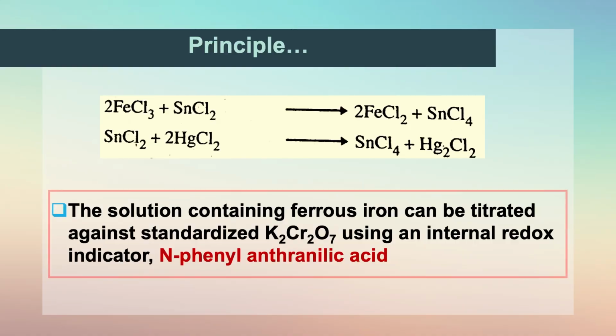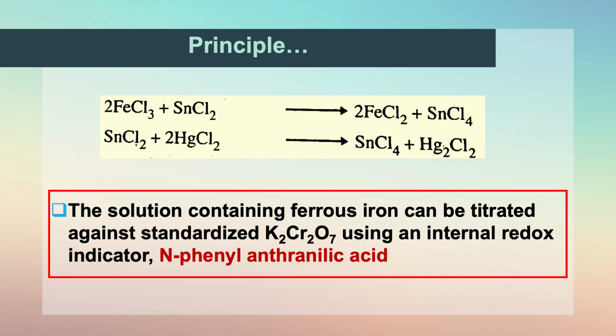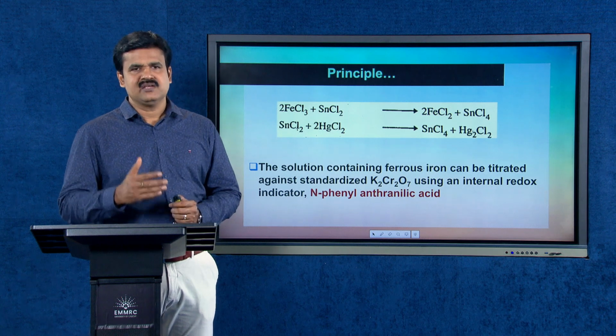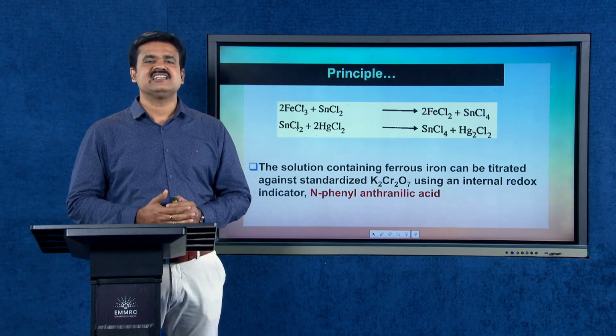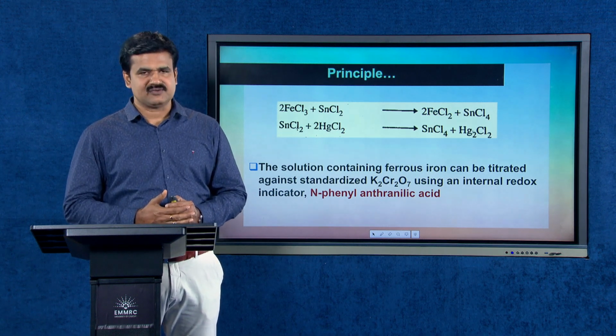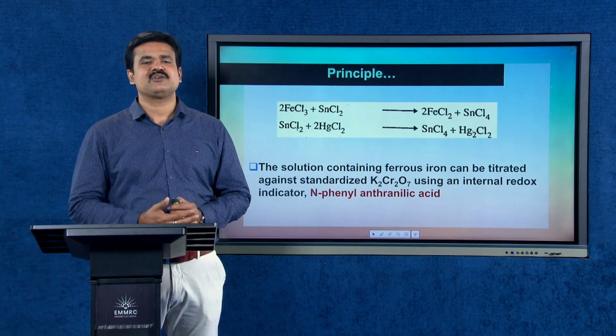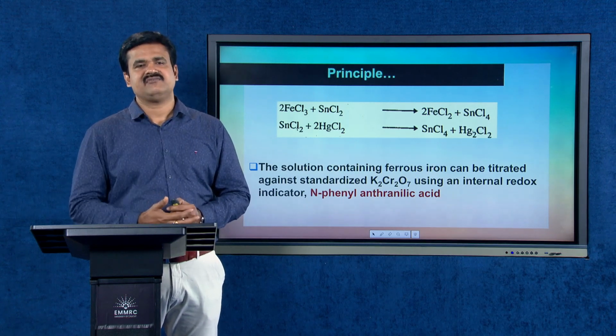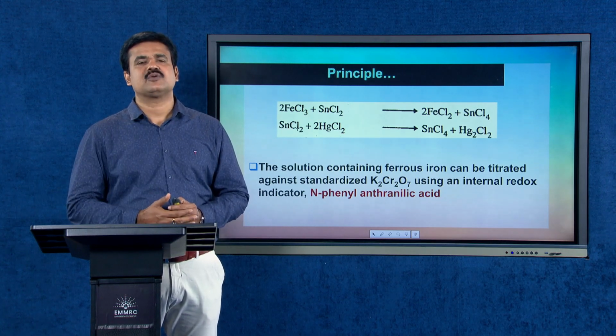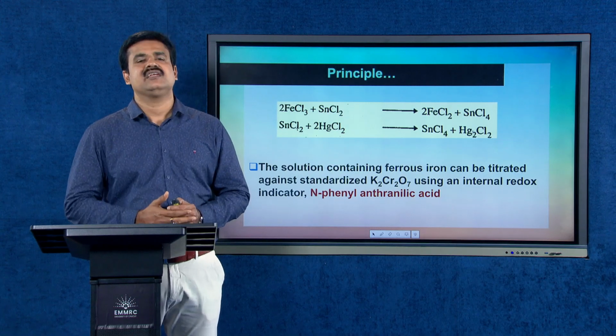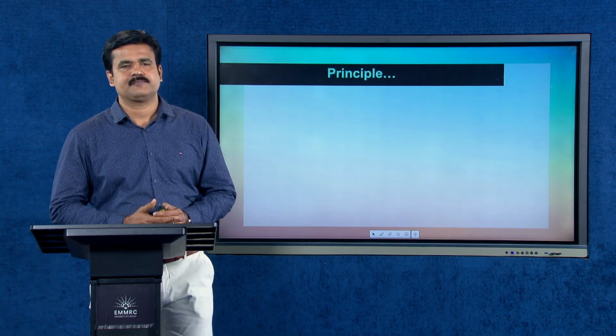Now, the solution containing ferrous ion can be titrated against standard potassium dichromate using an internal redox indicator that is nothing but N-phenyl anthranilic acid. So, the ferric ion present in the given solution is reduced to ferrous ion, and now the ferrous ion solution is titrated with the standardized potassium dichromate using the internal indicator N-phenyl anthranilic acid.